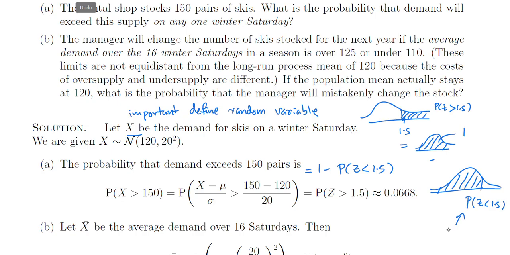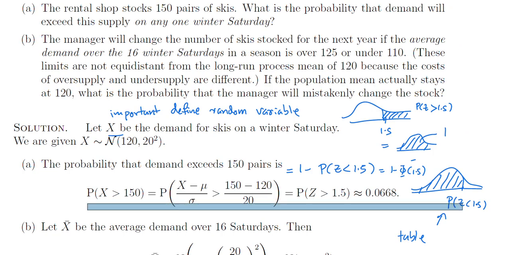We can get this from the Z table, or 1 minus the table value for 1.5, and simplifying we get this number.